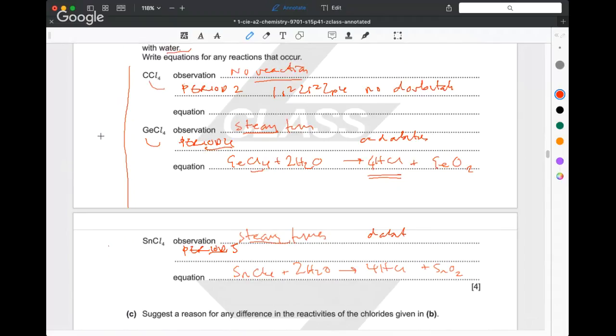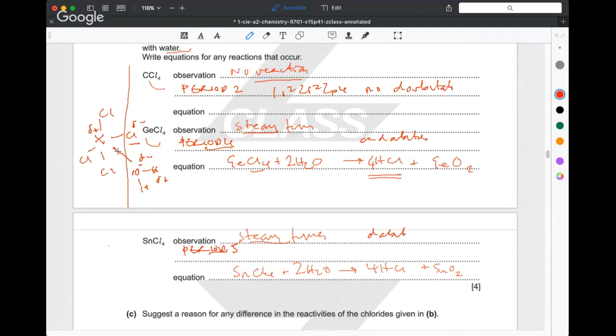And so if we look at this reaction of these group 14 chlorides, the chloride ions will be slightly negative, and the central ion there is going to be slightly positive because the chlorines are more electronegative, which means that the water molecule, which has its lone pair of electrons, is going to be attracted, because that's a slightly negative end of the water molecule, and that's a slightly positive end of the water molecule.